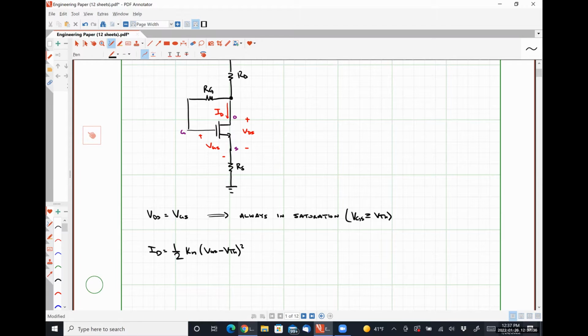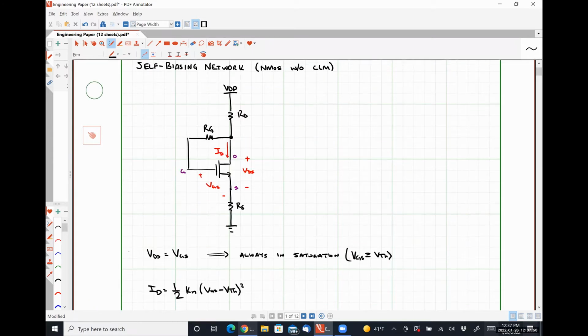All right, so we should be able to pretty easily come up with a KVL equation that's going to allow us to solve for VGS, right? Let me scroll up here a little bit. So if we look at the right-hand side of this guy, we can see that VDD, our power supply voltage, is going to be equal to the voltage drop over RD, plus VDS, which is exactly equal to VGS, plus the voltage drop over RS.